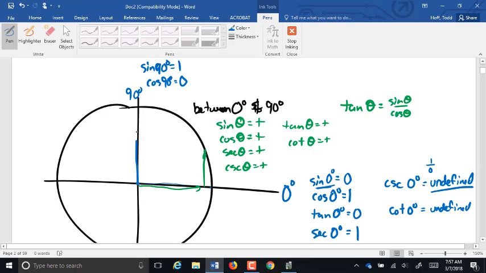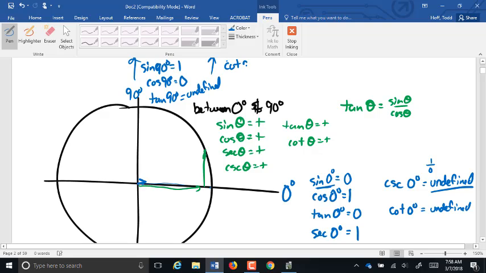The distance, if the terminal side is at 90 there, right? The distance to the side is 0. Tangent of 90 degrees is undefined because that would keep going forever. This would keep going forever. They're parallel, so it doesn't ever intersect.